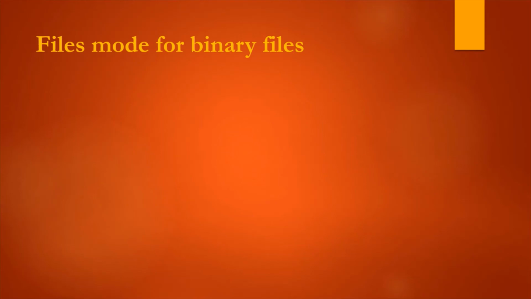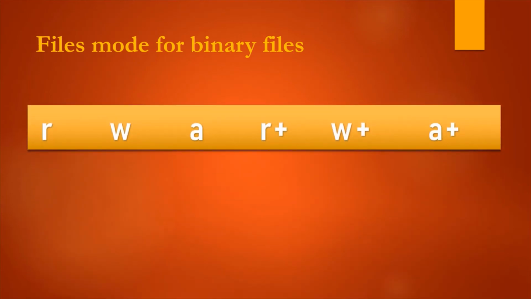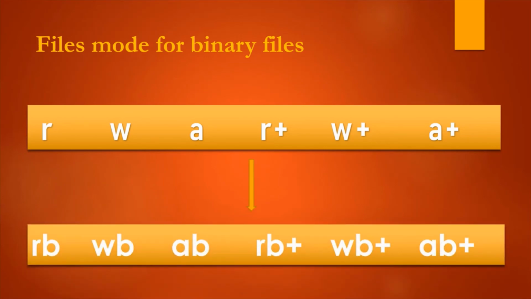Now comes the file modes for opening the binary files. Till now we have seen 6 file modes for text files. Now the binary modes are very much similar to all the 6 file modes we have discussed till now. The only big difference is that we have to add a B letter after each mode, and then only we can get the corresponding binary file mode.